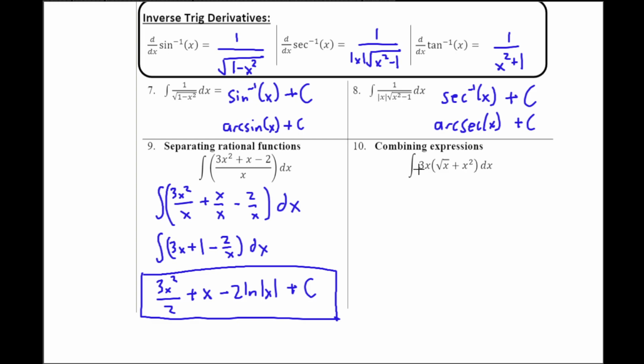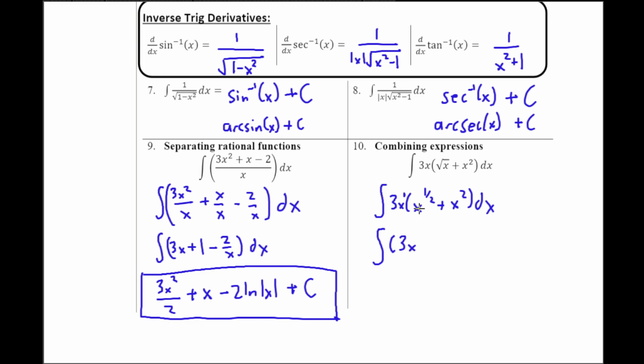This one here, you can combine these expressions. So if you rewrite this, that's 3x parentheses x to the 1/2 plus x squared. And if you remember, 3x is the same as 3x to the first. And remember, if you're multiplying the same variable, you just add the exponents together. So that's going to be 3x to the first times x to the 1/2.